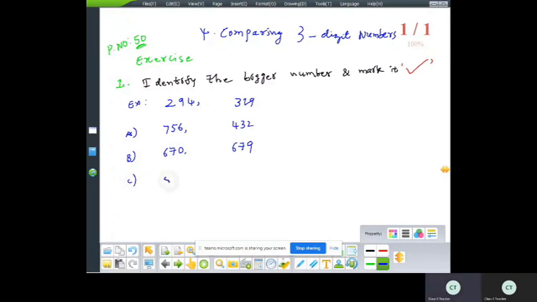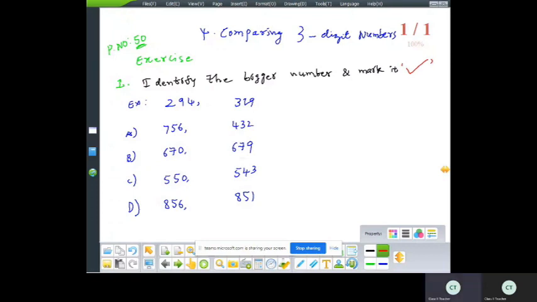Question C: 550, 543. Now D: 856, 851. In the example, the numbers are 294 and 319.